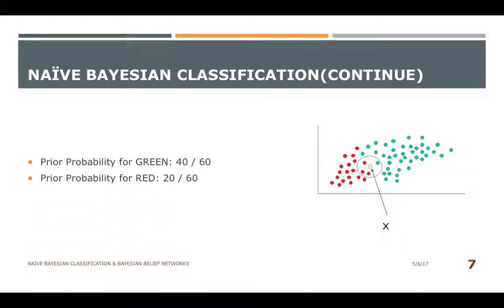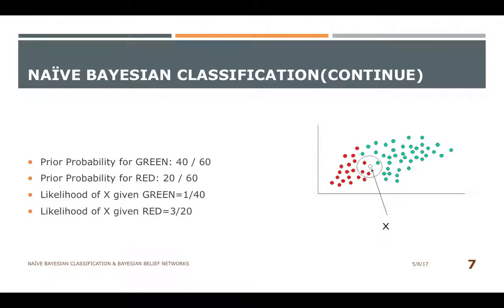For that we have to calculate the probabilities for green and red. We will calculate the prior probability of green, that is 40 by 60, as 40 are green objects and 60 are the total objects. Same for red, 20 by 60.